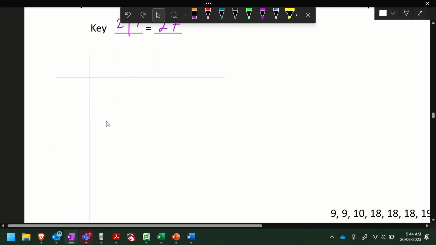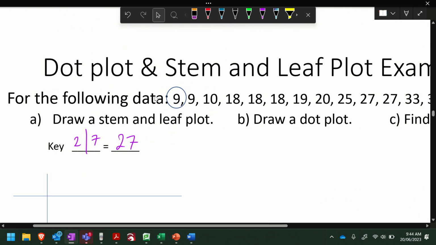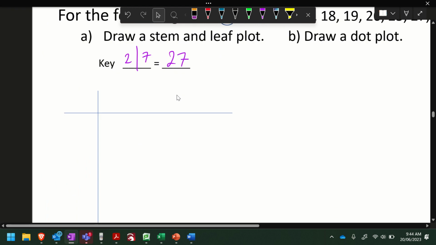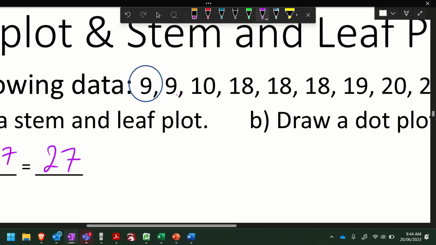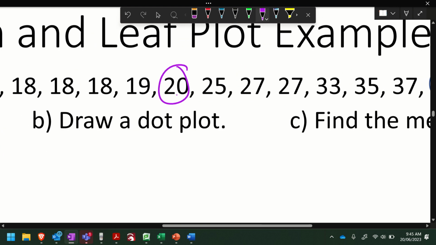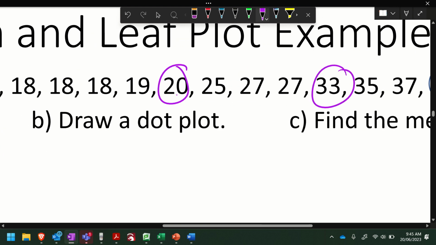Now, on our stem and leaf plot, I can see the numbers go from 9 all the way to 40. So if you look at the tens units, you can see that you have individual numbers, and then you have tens, you've got 20s, you've got 30s, and then you've got 40s as well.